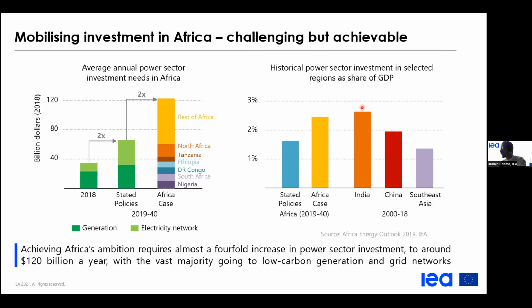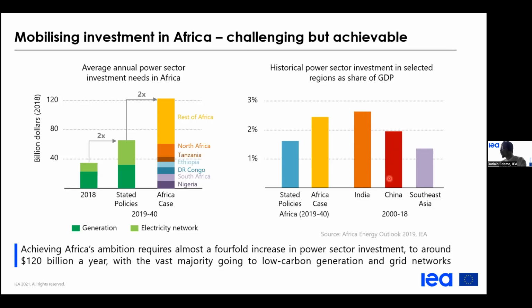investment mobilization, we can see how, for example, India has been able to direct into the power sector a share of their GDP in terms of annual investments which was above 2.5% of their total GDP.